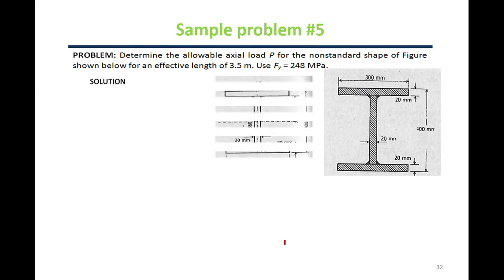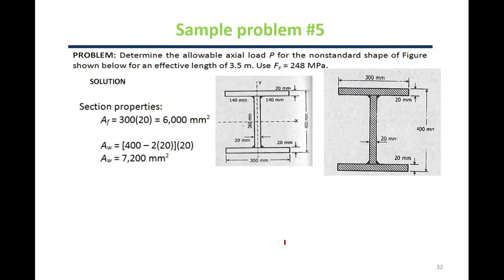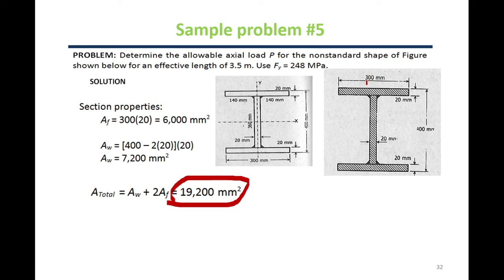So we have here, mache-check natin yan. So we have the area ng flange, so yun, 30 by 20. So yung isa naman, we have to get for the area. Total, the area, we have 90,000. So we have 300 by 20. And then, 400 kasi to. Ayan, 400 yan. Ima-minus natin to. Ayan, ima-minus natin yan. Dalawa na yan. Diba? Para makuha natin yung area. So we have 7,200.